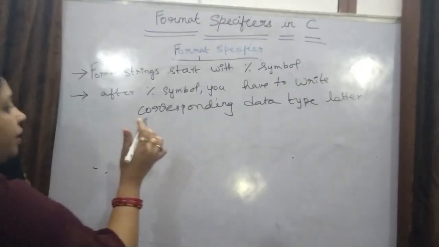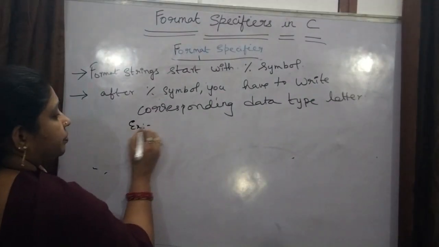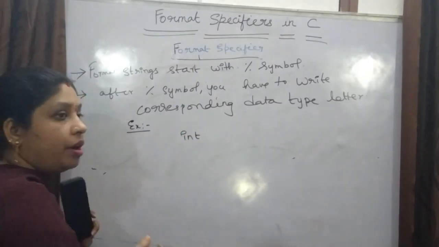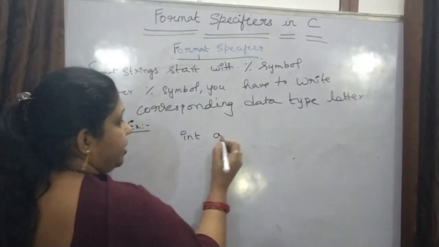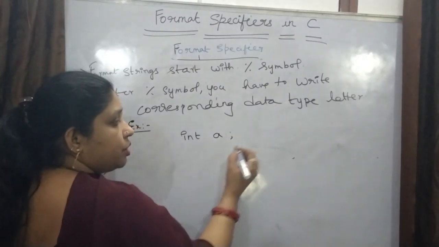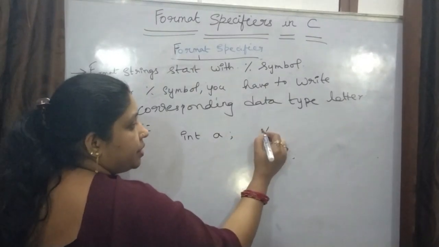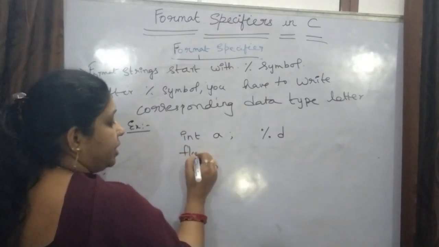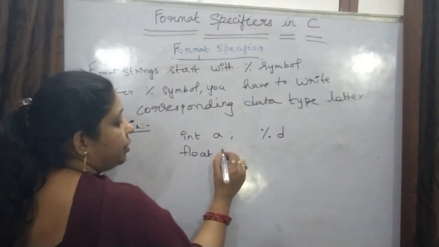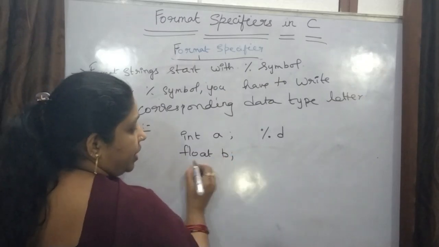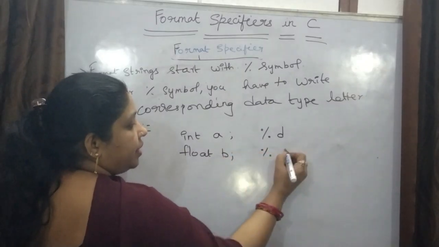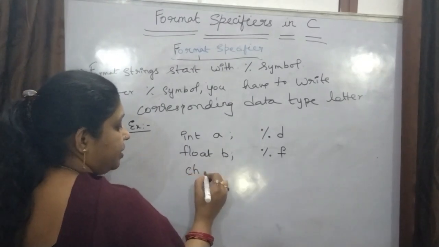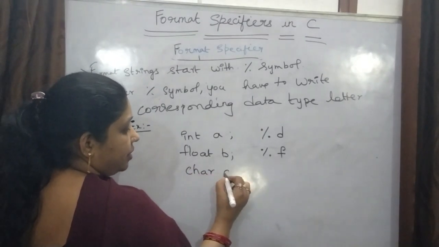Okay. Now example, suppose int is there. Suppose you are declaring int a. For this, the format specifier is %d. Now float is there, float b. For this, the format specifier is %f. Now char is there, char c.